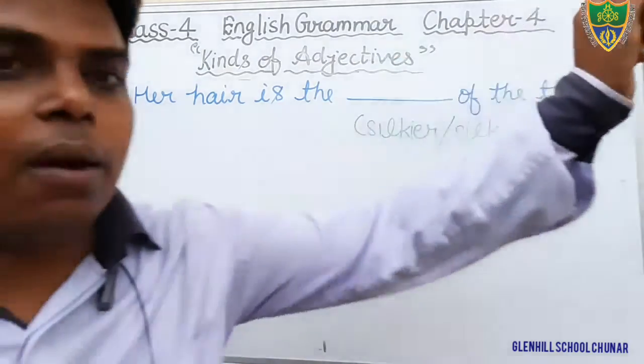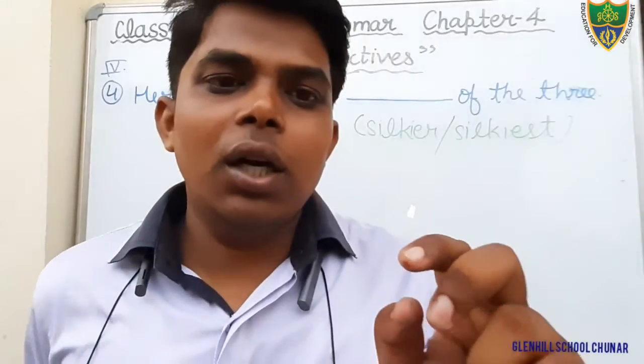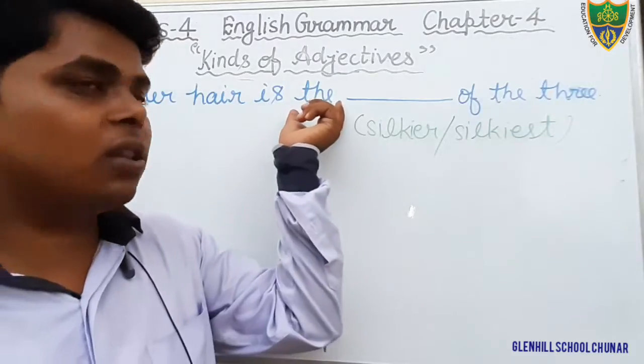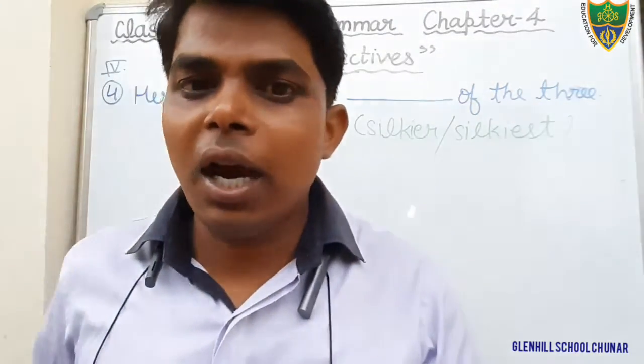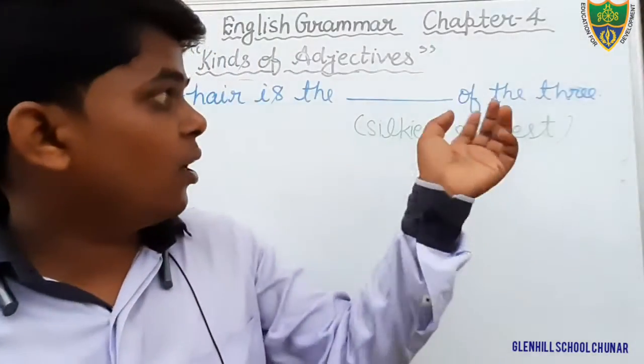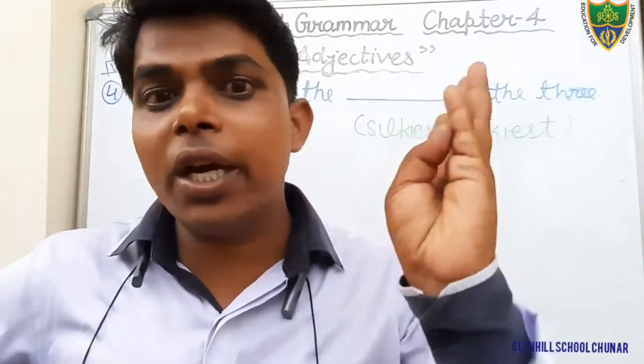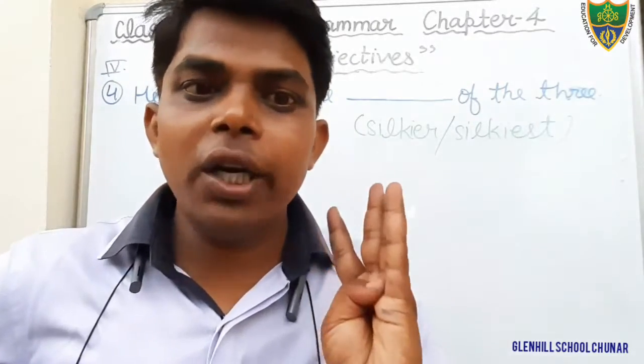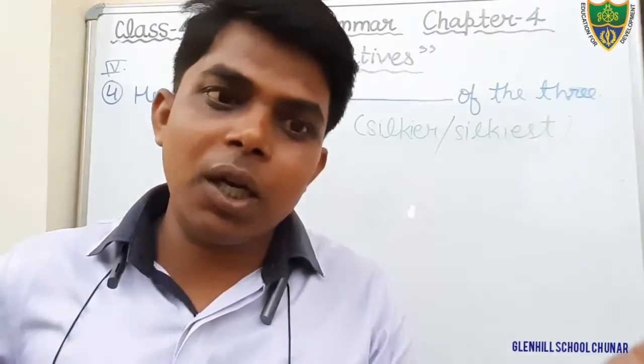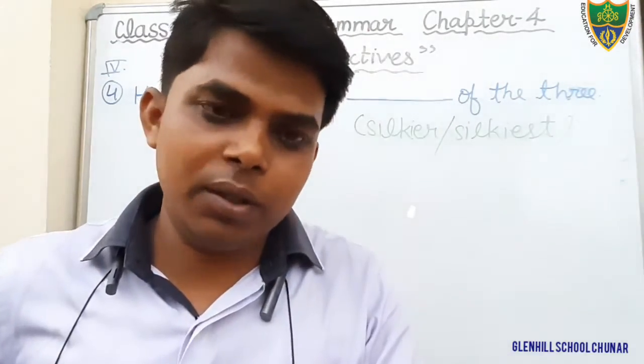Dear students, I have told you that where you find the word than, that would be the comparative degree, and I have also told you that in the superlative we compare more than 2 people. We compare one person with more than 2 people.